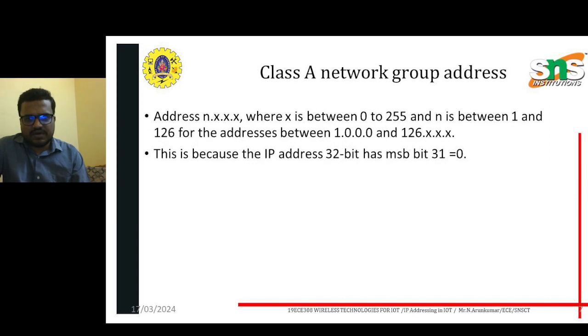Class A network group address: the addresses are initially of the form N.x.x.x. Each x is between 0 and 255, and N is between 1 and 126. For addresses between 1 and 126, the neighboring nodes are calculated in 32-bit format. It has to be identified as bit 31 equal to 0.